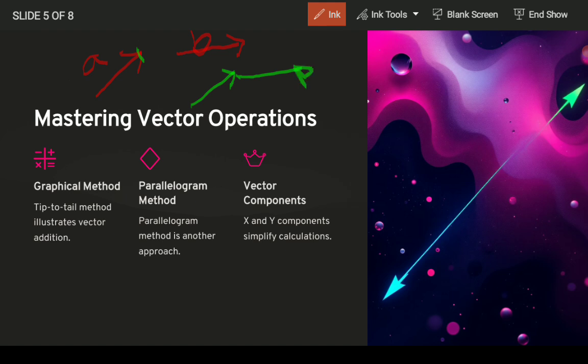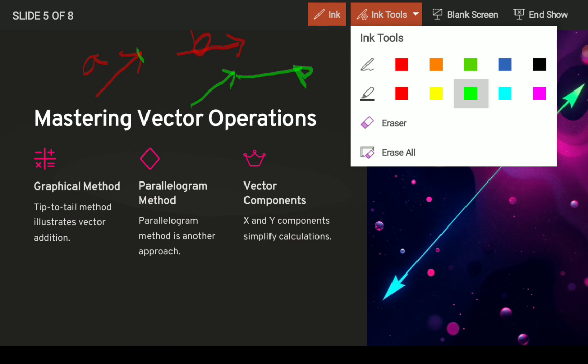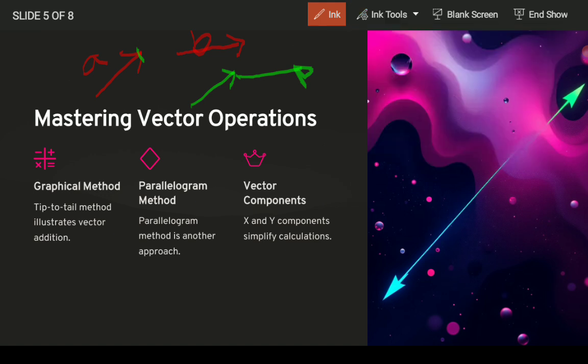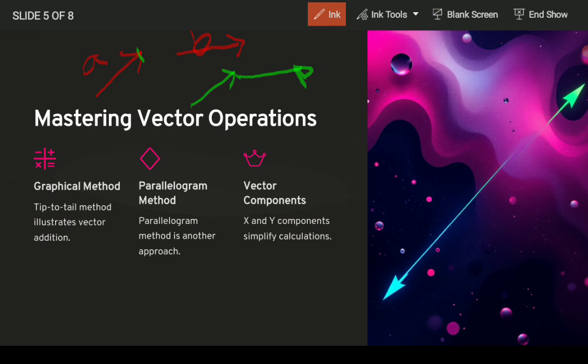The sum of these two vectors is another vector, the side which completes this triangle here. You don't just add them like you do 2 mangoes plus 2 mangoes makes 4 mangoes.